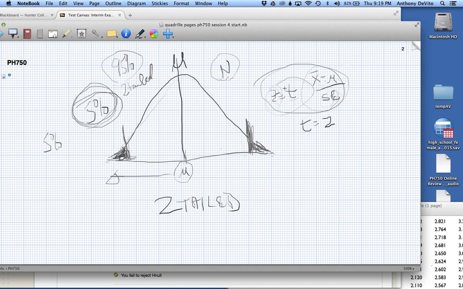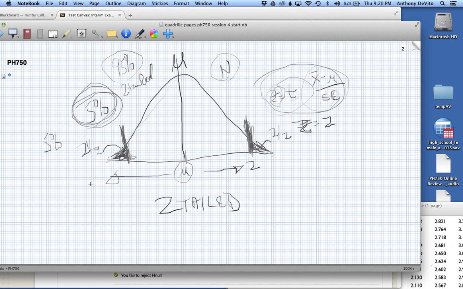So if I assume that we're talking about z now, for a very large sample size, and I say z is equal to 2, well, I would have to be that far out. I would have to be 2 standard deviations out to get 2.5% here and 2.5% here.